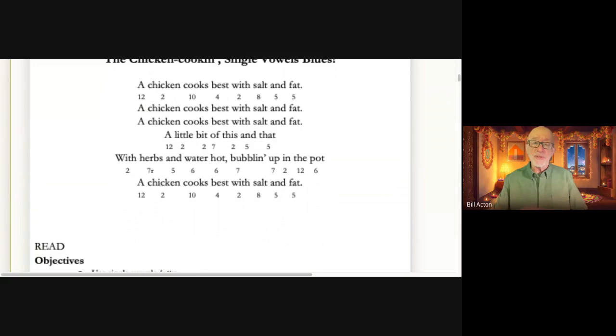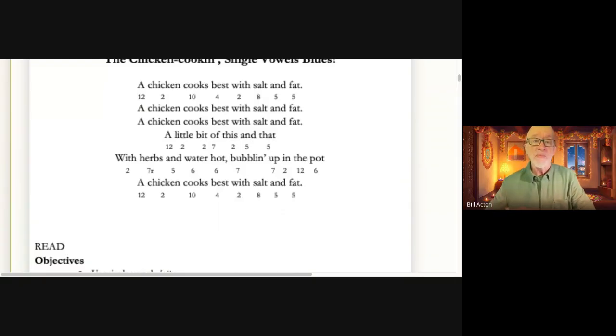Now let's do the next to last line, with herbs. So 2, and then 7 is down here, 7 o'clock. That one is a 7R, with the R there. When we do that one, the hand comes toward the body, like that. So we do 7R, down here at 7 with your hand rolling across it.